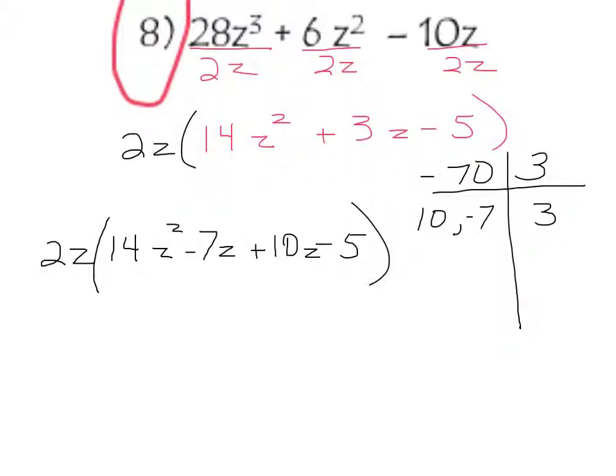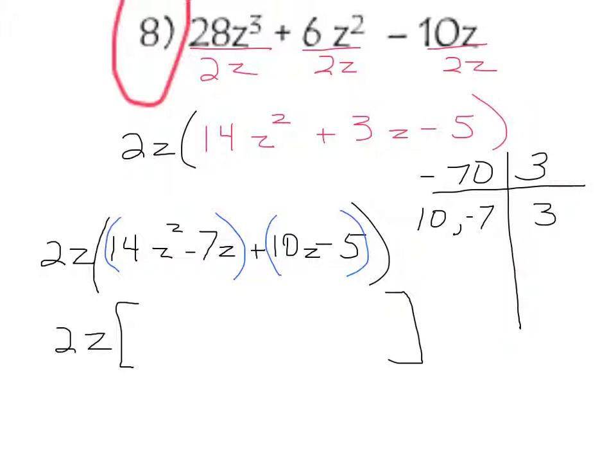And now we're ready to group. We group the first two and we group the second two, and we have a plus in the middle, which makes it easier with negative issues. So we rewrite this, not forgetting our 2z, and let's use brackets here to deal with everything in the parentheses. In the first binomial, the common factor is 7z.